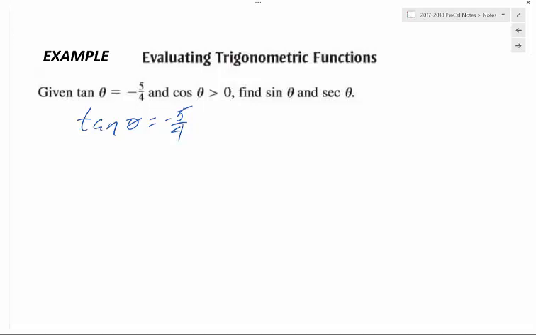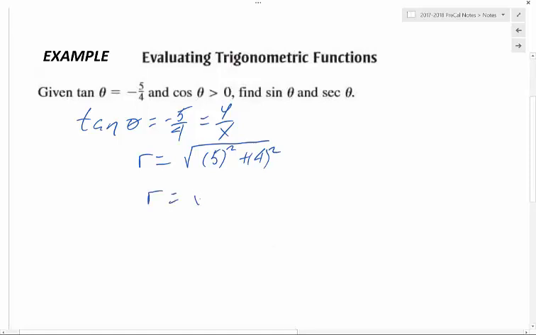So that is my y comma x. I need to find r. So my r in this case is going to be the square root of 5 squared plus 4 squared, the square root of 25 plus 16. Thus, r is the square root of 41.